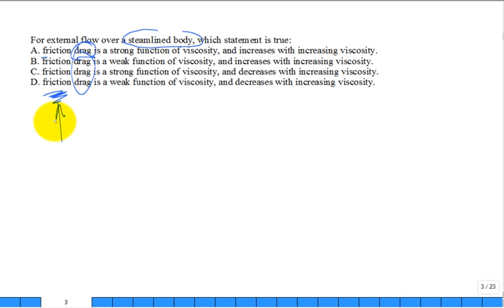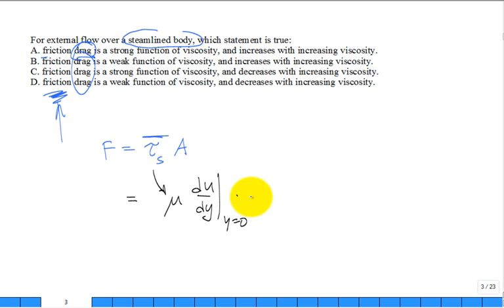The friction drag is proportional to the average shear stress at the surface times some area, and this shear stress is mu du dy at y equal to 0, times some area.